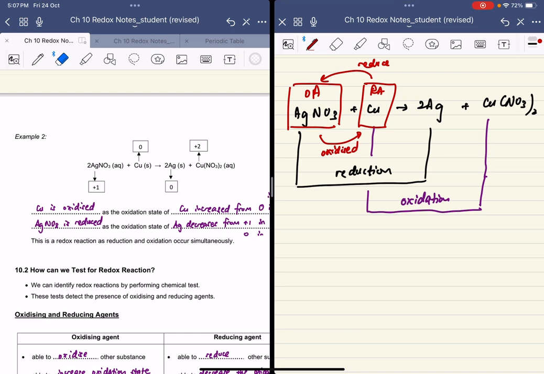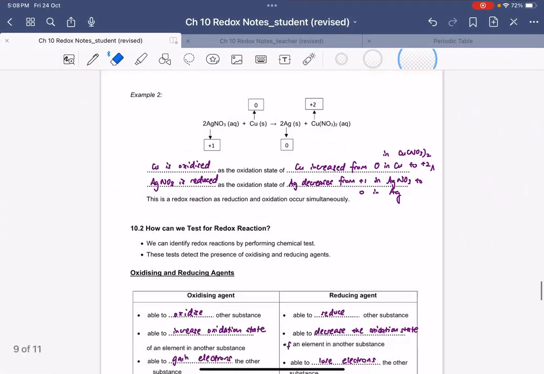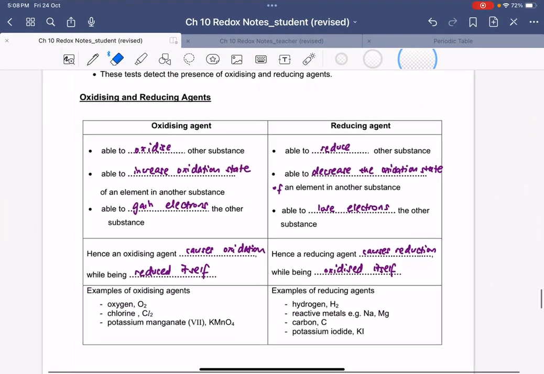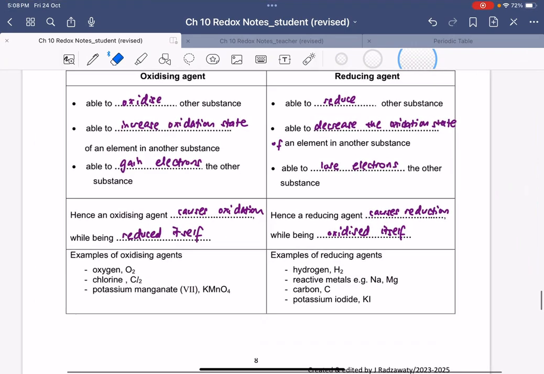So the oxidizing agent and the reducing agent will both be from the reactant side. Oxidizing agent will oxidize the other party. Reducing agent will reduce the other party. I hope this clarifies the oxidizing agent and reducing agent.